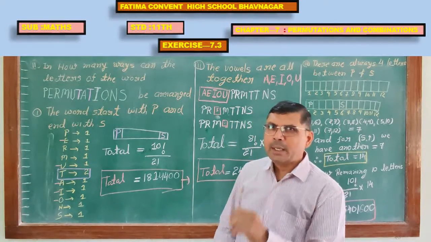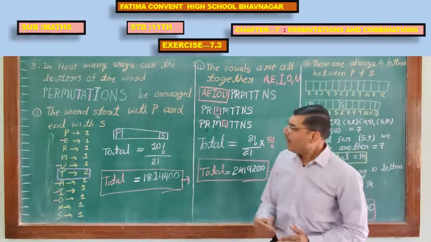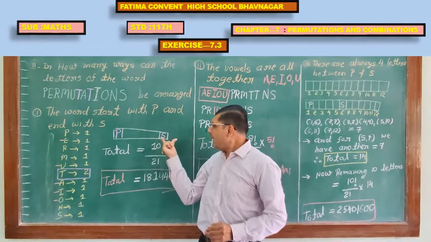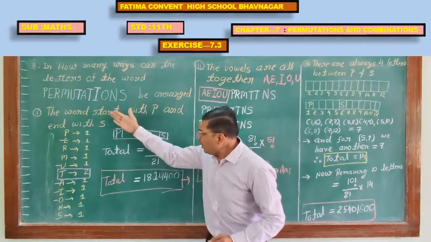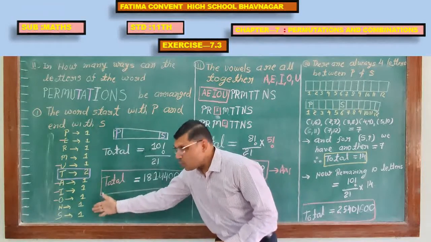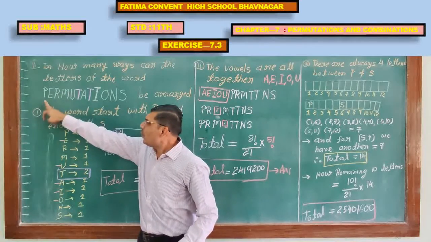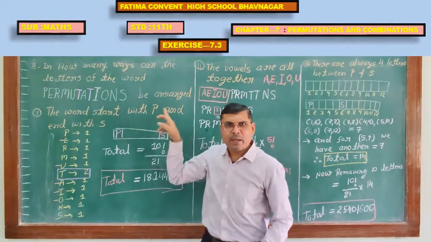Alright? Okay, going ahead. The words start with P and end with S. Now if you count, the total number of letters is 12. Total letters 1, 2, 3, 4 up to 12 here.